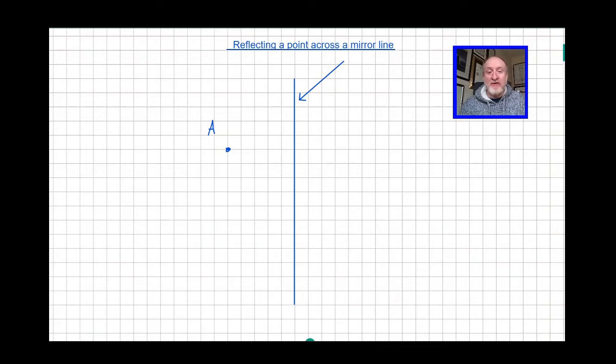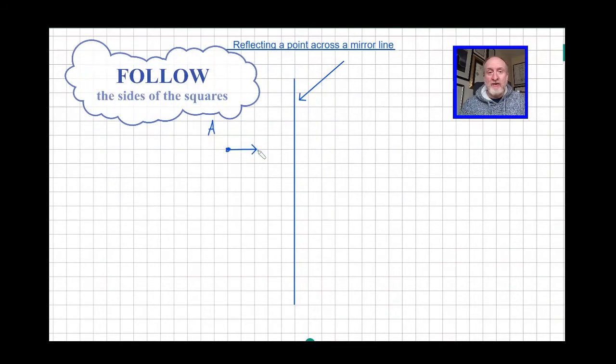Now all we do is we use our skills of translating, and translating means that we're going to move, as I've already said, left or right or up or down, and we translate in the shortest route possible to the mirror line. Okay, so let's do that. We're going to go 1, 2, 3, 4 and 5 to the mirror line.